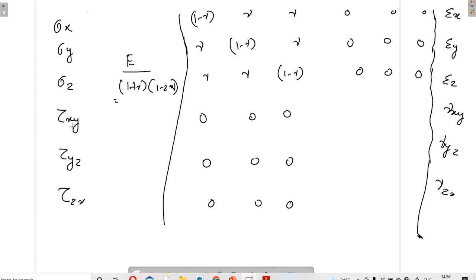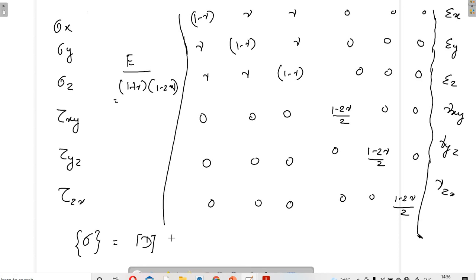So only one value is available, (1 minus 2 nu) by 2, on the diagonal. All other strains are 0. Here 0, (1 minus 2 nu) by 2, 0, 0, 0, (1 minus 2 nu) by 2. So this is the equation of the relation between the strain and stress.